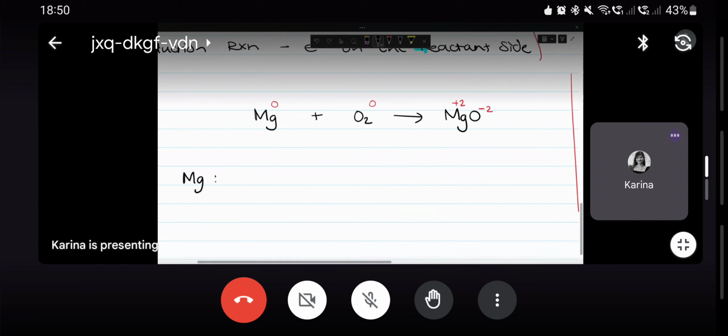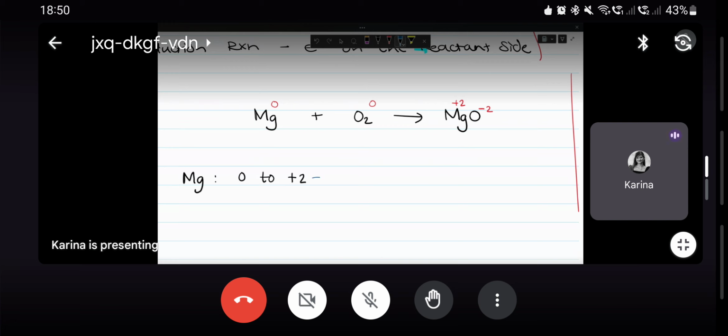Is this an increase or a decrease in the oxidation number? This is an increase. Or another way of saying it: is it losing electrons or gaining electrons? It has to lose electrons because this number is becoming more positive. So we can say there's a loss of electrons.